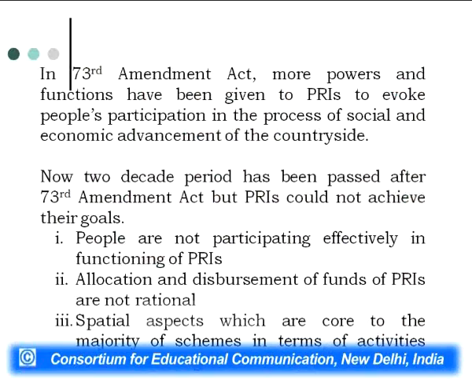Now two decades have passed since the 73rd Amendment Act, but PRIs could not achieve the goals. The reason for this statement is that many institutions are still using traditional approaches, and they don't have a complete system available in a geographical information system. Here we mean the public finance as well as the resources required to generate particular assets.